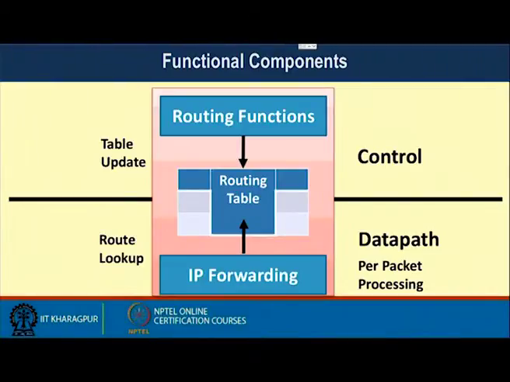And that is why this data path is normally implemented in hardware that we call ternary content addressable memory or TCAM kind of memory architecture. So, in general, in a typical router, the control path or the control plane is implemented as part of the router software, the routing operating system, which is an internet scale operating system.